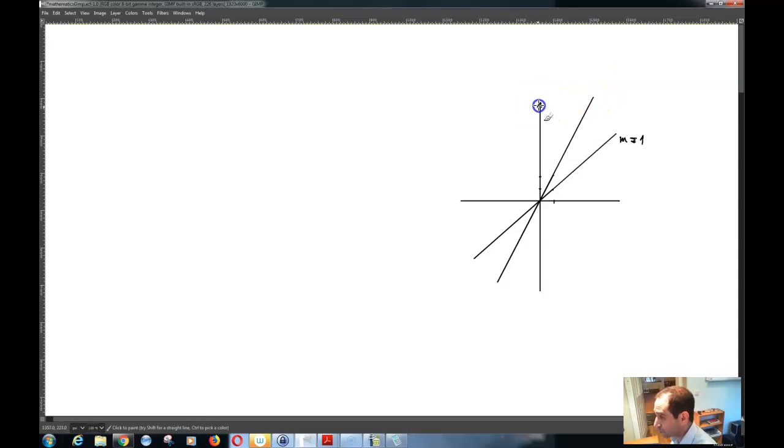This is the y-axis, this is the x-axis. Over here, m is equal to 2. So basically the slope of this line is double the slope of this line, right?